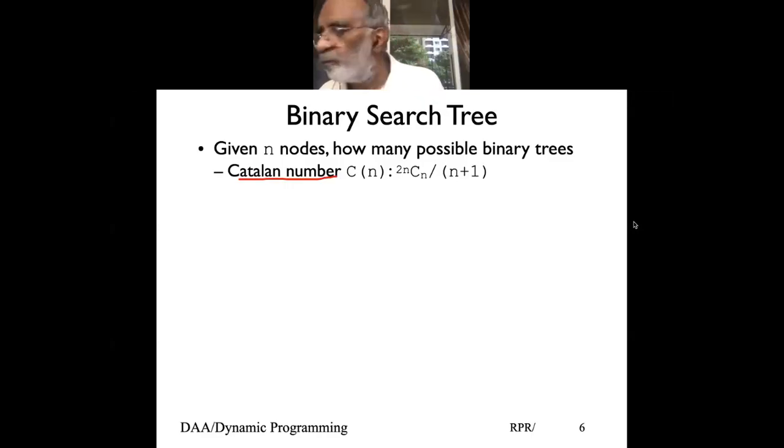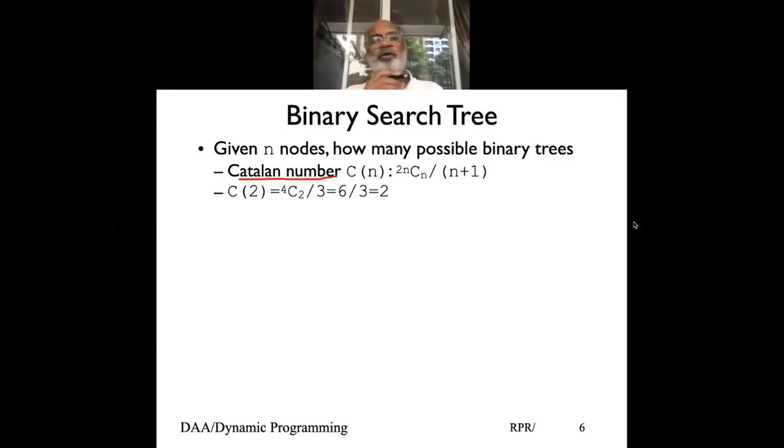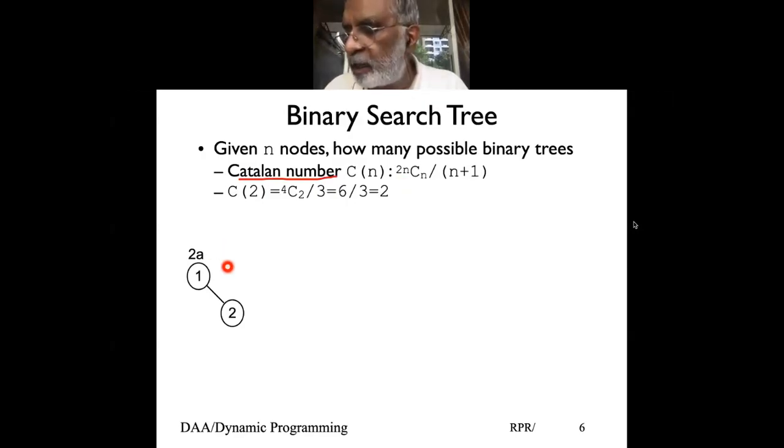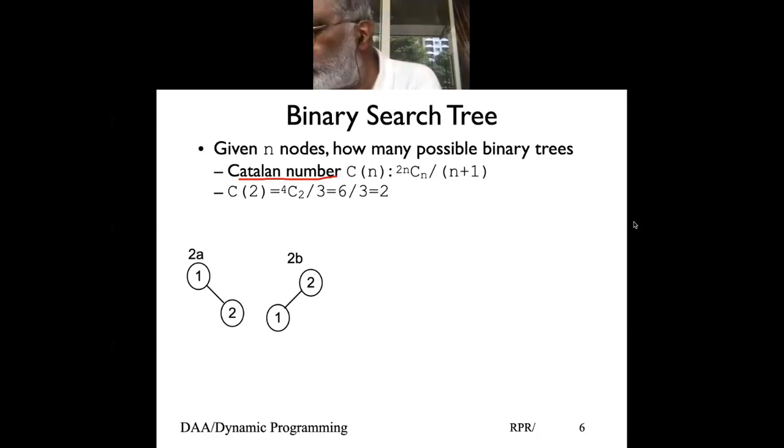If n is 2, it is 4C2 divided by 3, 4C2 is 6, divided by 3, the number is 2. And what are the two trees? Either I can have it like this, or I can have it like this. There are two possible binary search trees with two nodes.